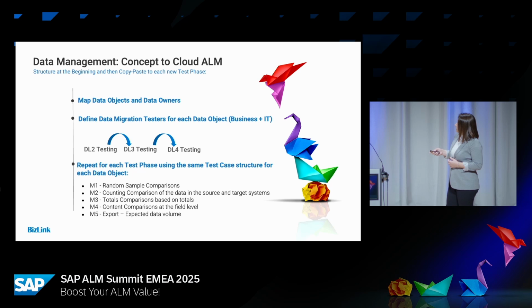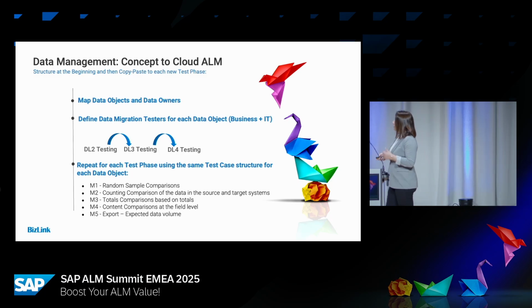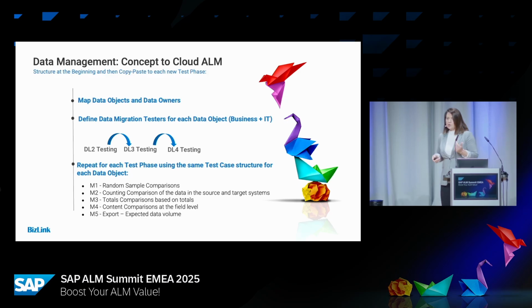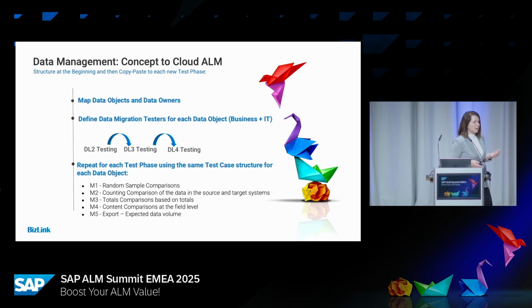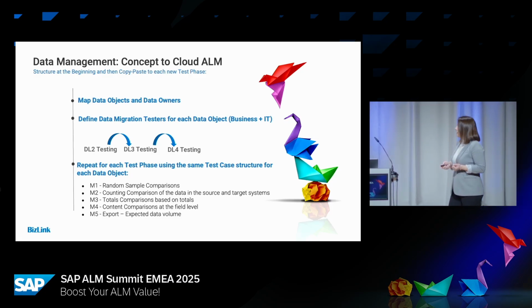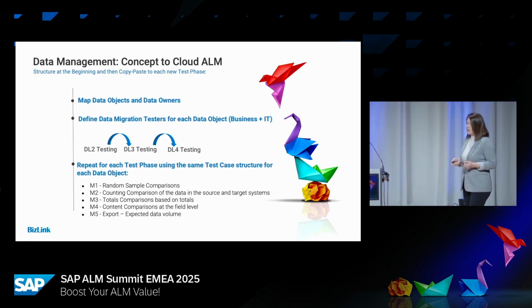Users had some time to grasp the structure, how they are asked to validate data. So if they do random sample testing, how many samples? Do I check all fields if it's master data? How do I count? And content comparison and all.